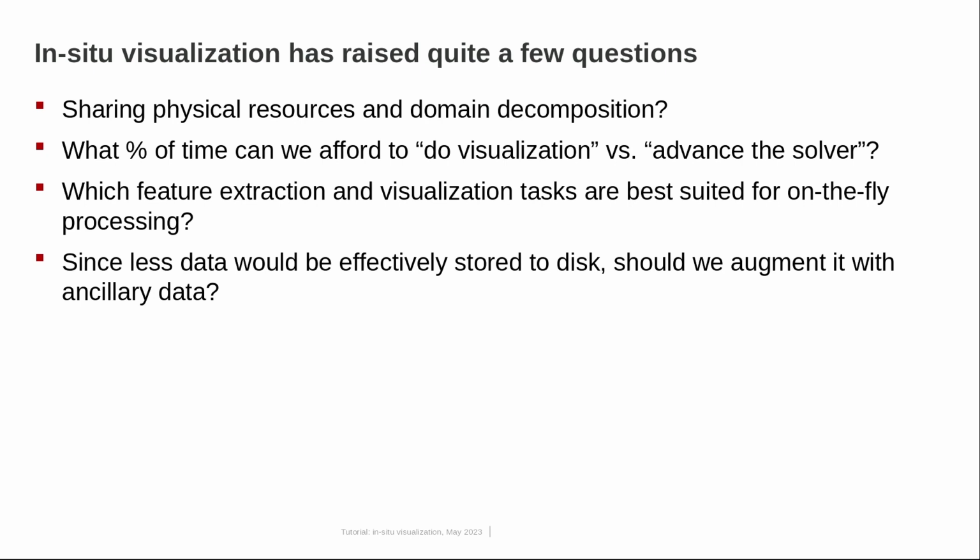Now, the purpose of doing in-situ visualization is to do most of the heavy-duty analysis and visualization online, and then save to disk some data that occupies fewer bytes, so it's faster to write. The typical case is writing images.